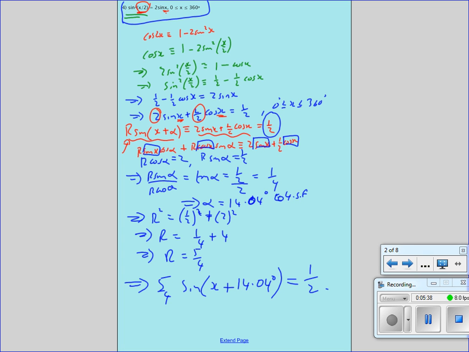And then divide both sides by 5 over 4 to get sine x plus 14.04, because remember I can't have things next to my sines when I work this out. So I get this equal to 4 over 10, which is 2 over 5, because a half divided by 5 over 4 flips over to 2 over 5. And then I would just solve as normal using CAST.